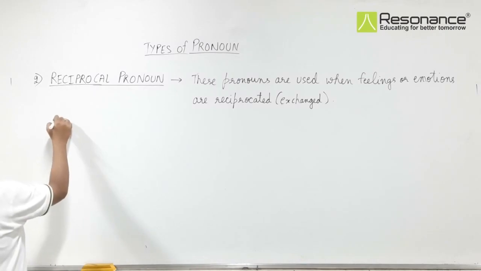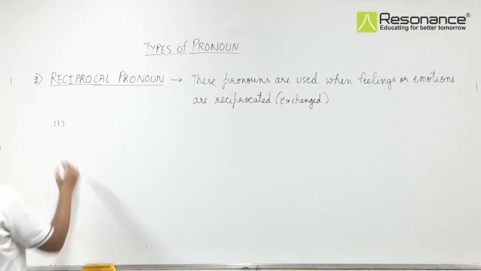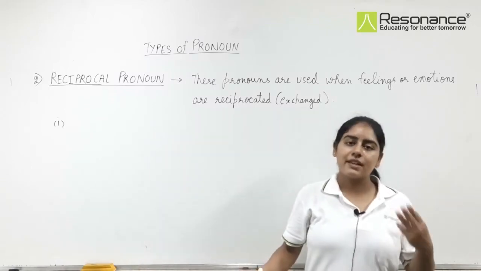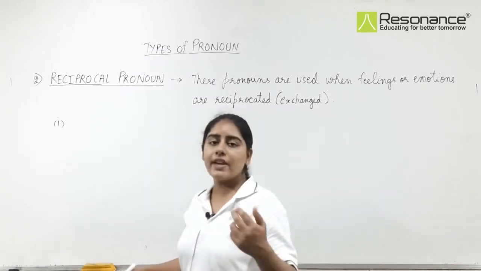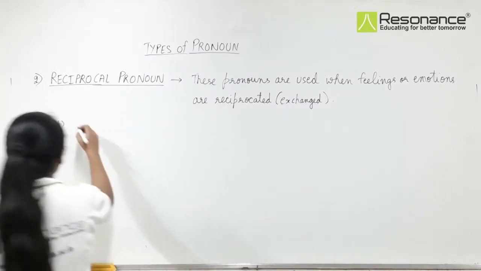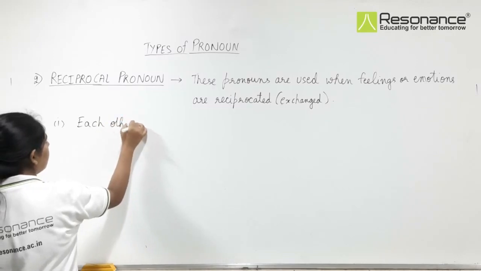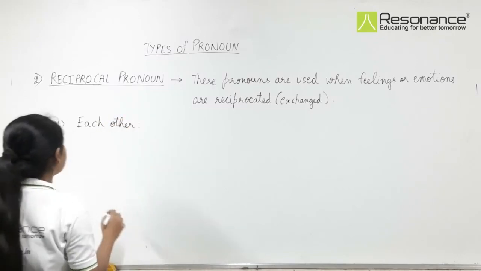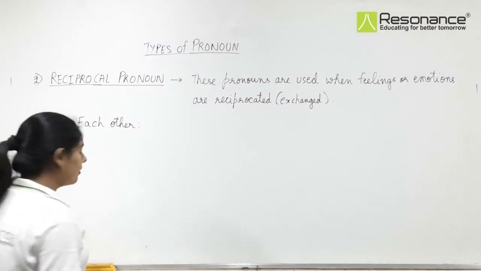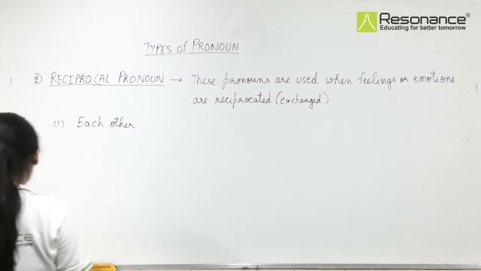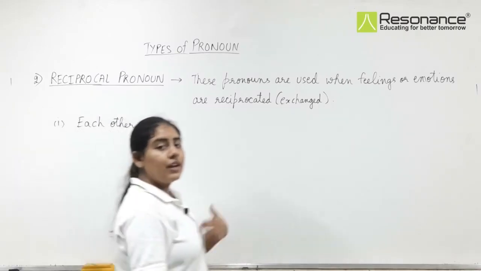So let's have a look at the example of reciprocal pronoun. There are two reciprocal pronouns. In personal pronouns we had three categories, and in reciprocal pronouns we have two subcategories. First one is each other, and the second one is one another. Now what is the difference between each other and one another?